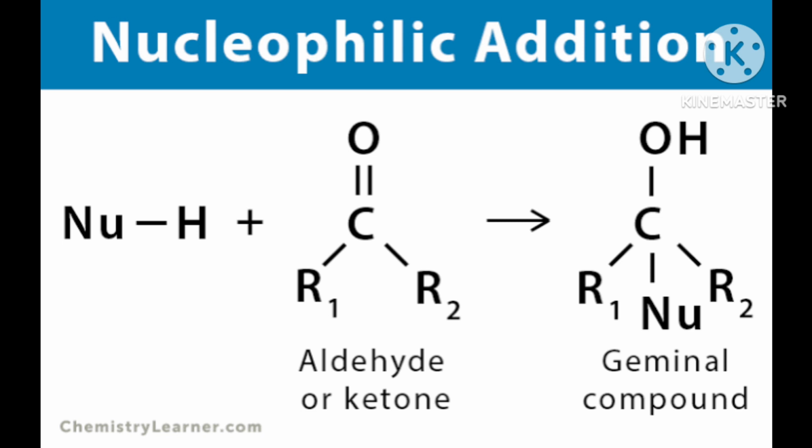Now 4 bonds are there: one with the nucleophile, 2 with the other groups like A and B, and the third is oxygen, which is negatively charged. Then this negatively charged oxygen will take H plus from the water, and this step will be fast.